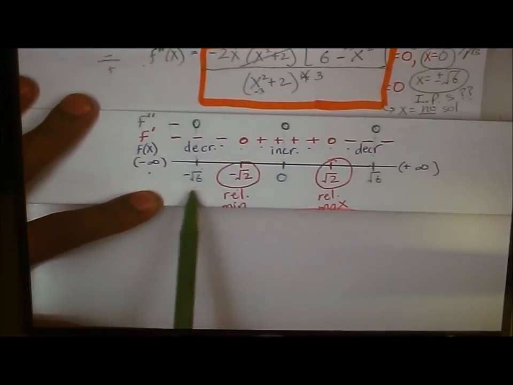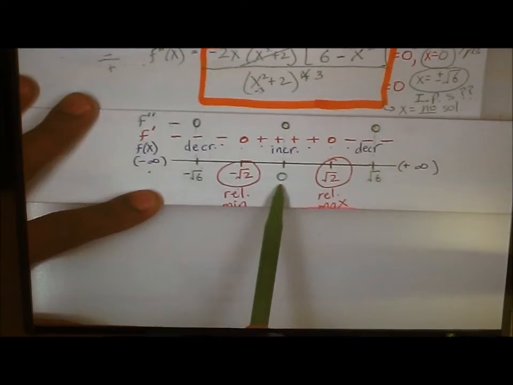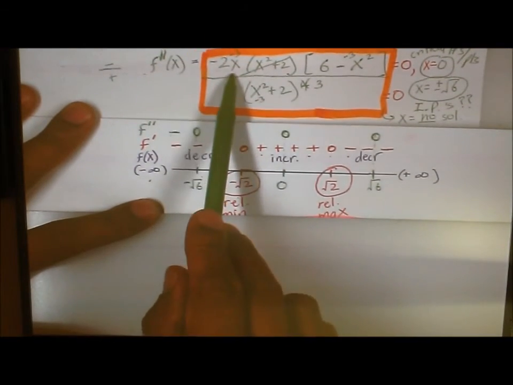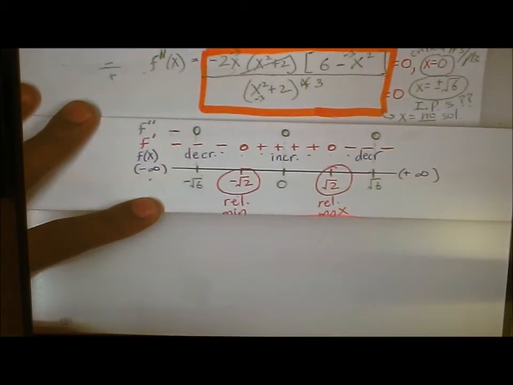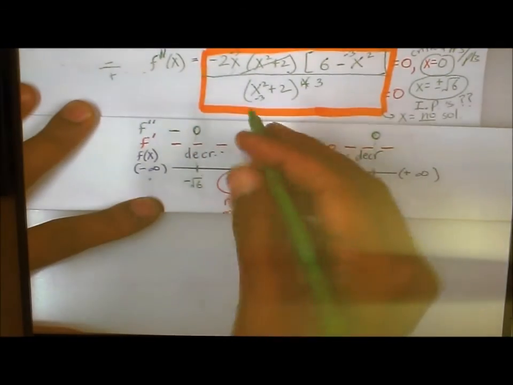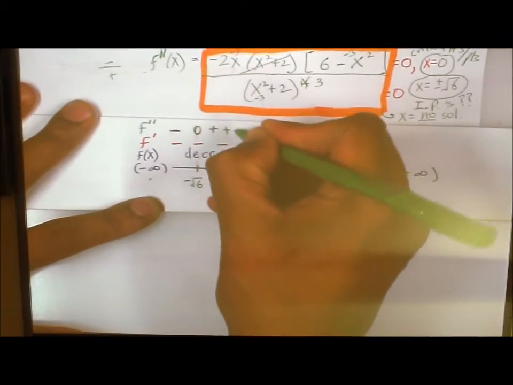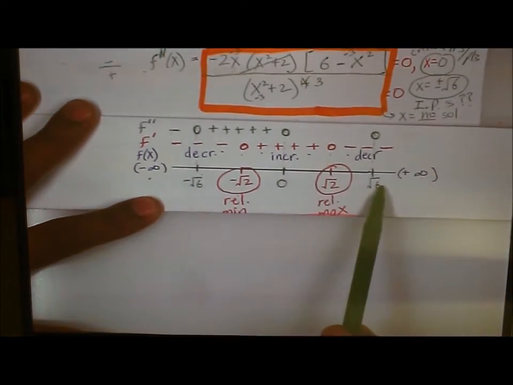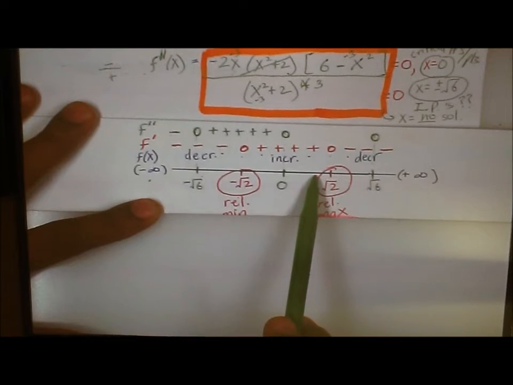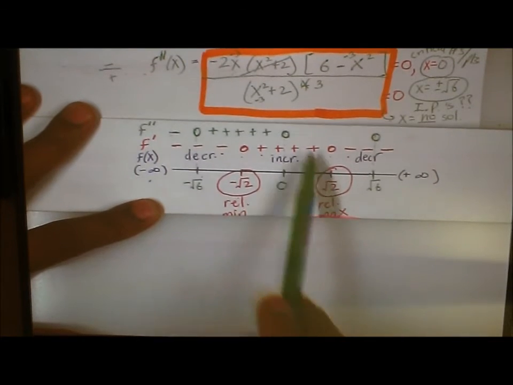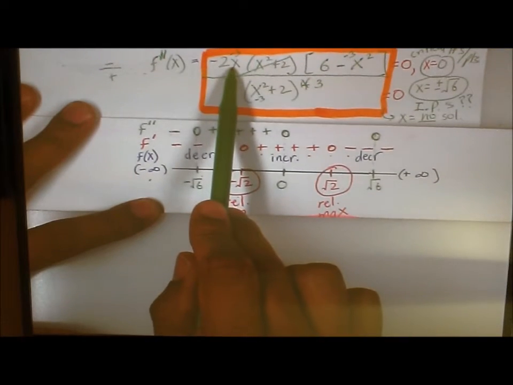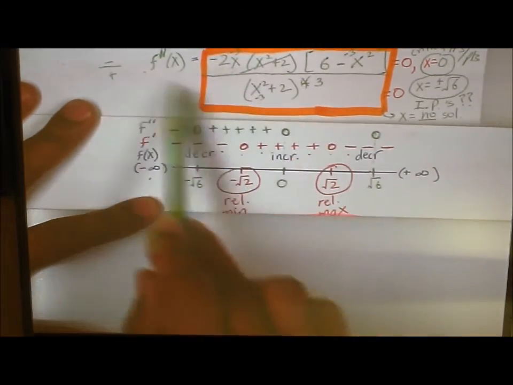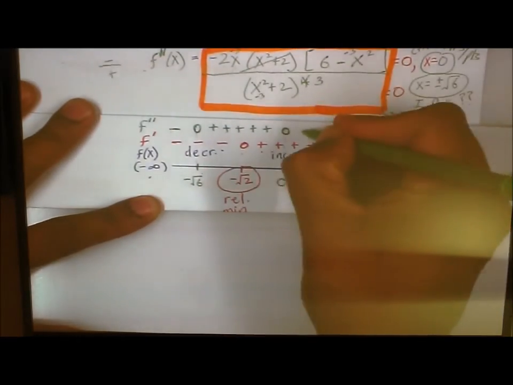Now I'm going to pick a number between negative root 6 and 0, such as negative 1, and plug it in everywhere I see an x, and I end up getting a positive sign. Then I'm going to plug in a number between these two in green, like positive 1, into f double prime, and I get negative times positive, which is negative. Negative divided by positive is negative.